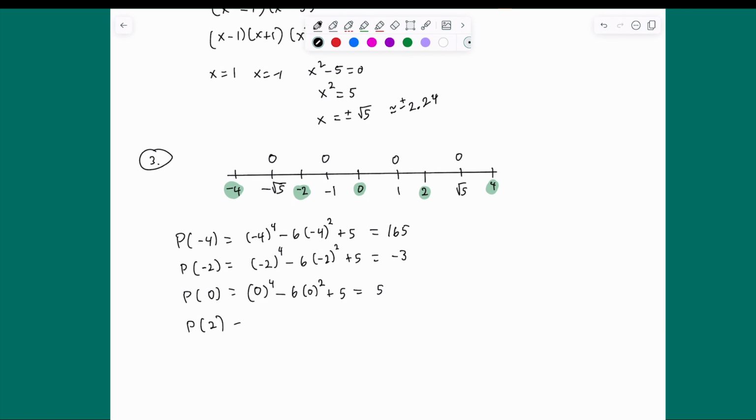Then the polynomial evaluated at 2 gives 2 to the fourth minus 6 times 2 squared plus 5, which gives us negative 3. And then at the next test point of 4, we have 4 to the fourth power minus 6 times 4 squared plus 5, which gives us 165.